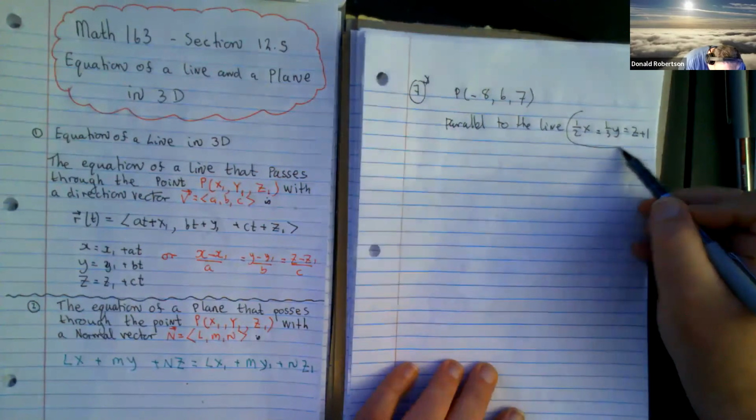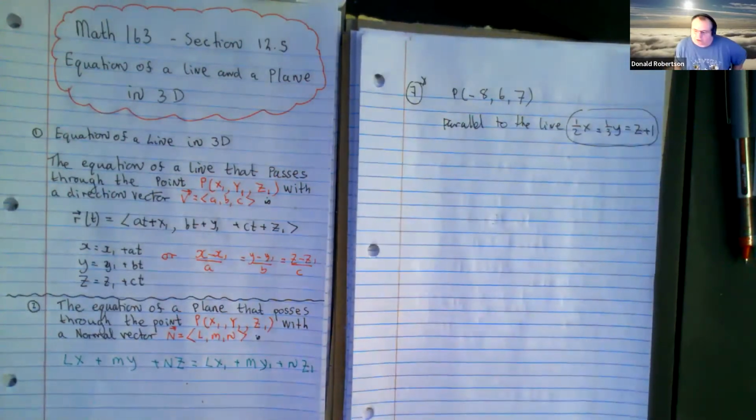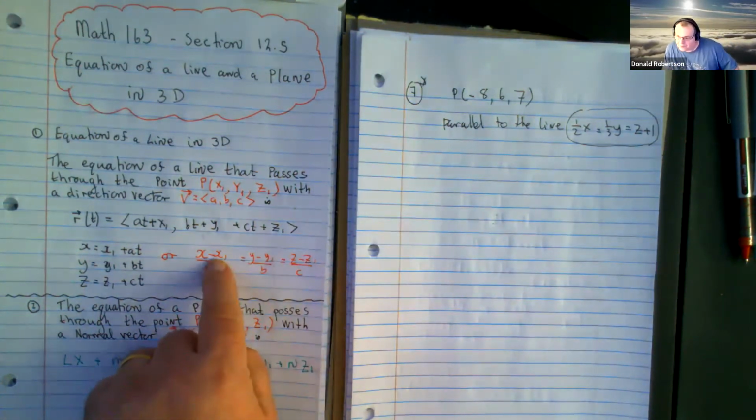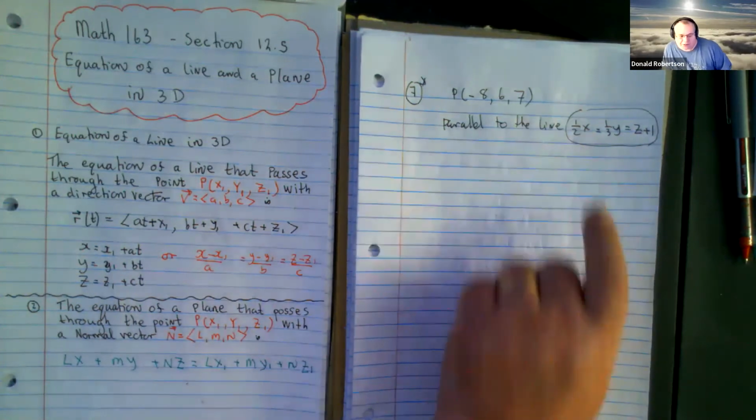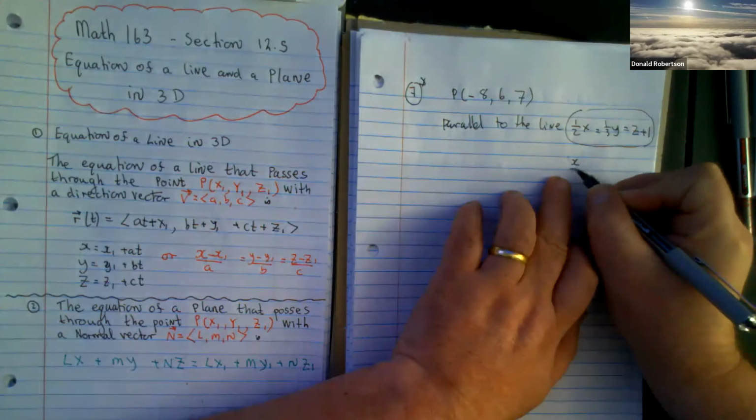That is the equation of a line. As weird as it looks, that is the equation of a line written in symmetric form. Now, the way they've written it is making it harder to realize that that's what it is. So I'm now going to write it like this.